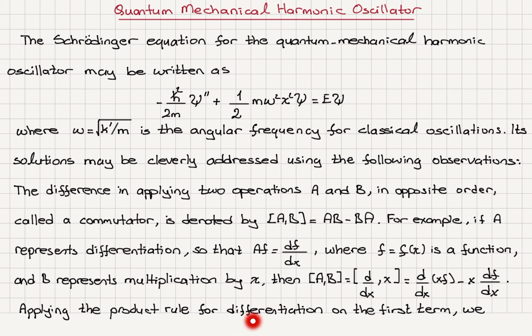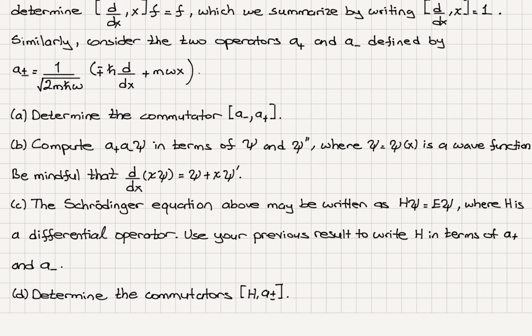Applying the product rule for differentiation on the first term, we determine the commutator d dx, x applied to f is f, which we summarize by writing the commutator d dx, x is equal to 1.